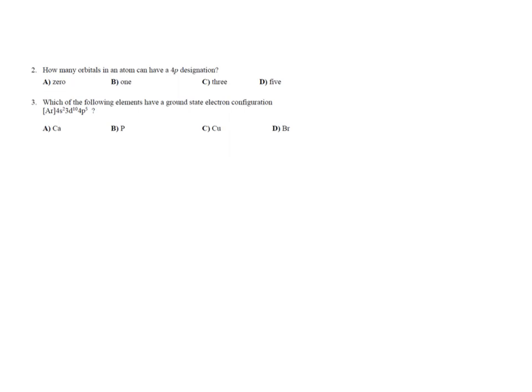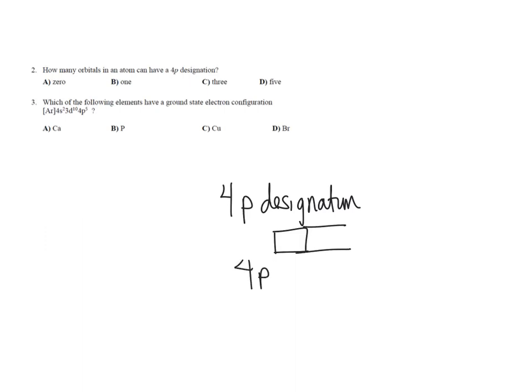How many orbitals in an atom can have a 4p designation? Okay, so how many orbitals? So orbitals are where the electrons are found. And so if you have a 4p, then you have 3 p orbitals.